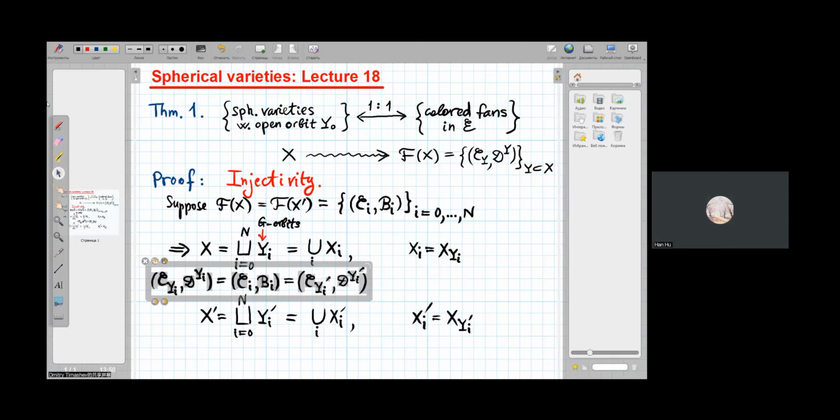So we have this picture, okay? And now recall that we have a theorem on classification of simple spherical varieties, which says that a simple spherical variety containing a given open orbit y0 is uniquely determined by its colored cone. This means each of these simple spherical varieties Xi and Xi prime contains y0 as an open orbit. So y0 here and y0 here are open orbits.